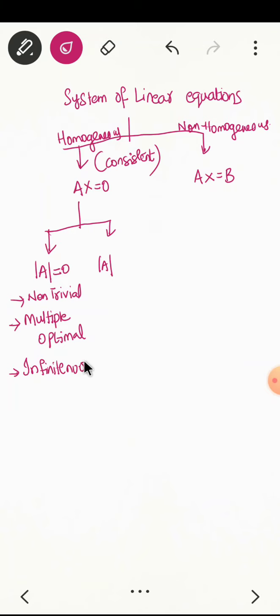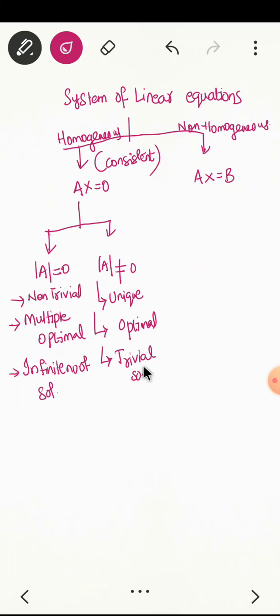So this is very most important, number of solutions. Next, if det A is not equal to 0, then we call such solutions as unique solutions, or we may also call it as optimal solutions, or we may also call it as trivial solutions. Hope you are getting trivial solutions.